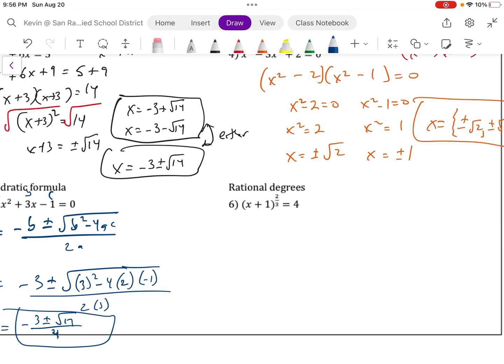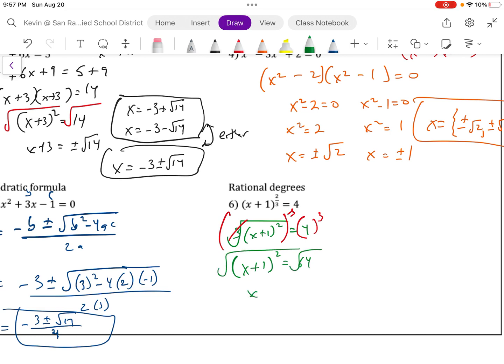Last problem, a couple different ways we can look at this. Really quickly, we could say we could do the cube root of x plus 1 equals 4. Okay, that's another way to rewrite that. And then we could just cube both sides. That cancels that. Leaves me with x plus 1 squared equals 64.